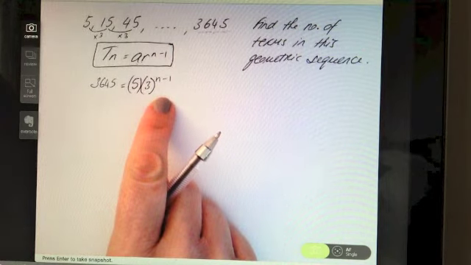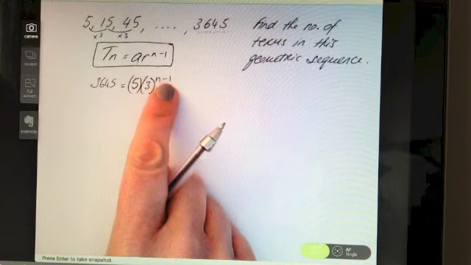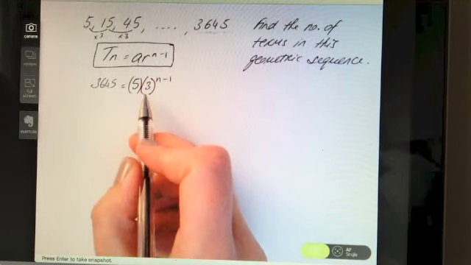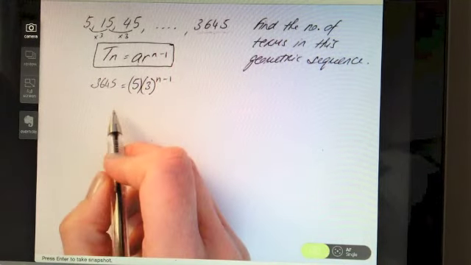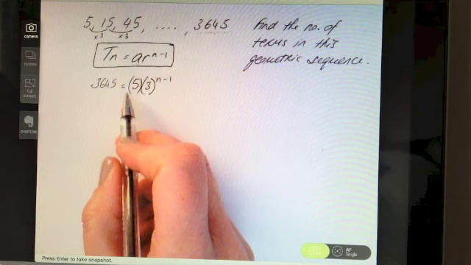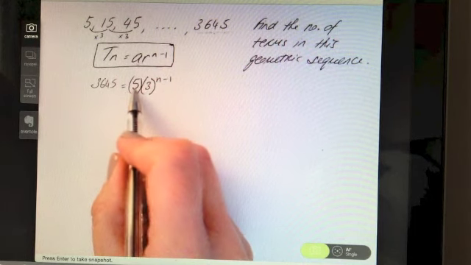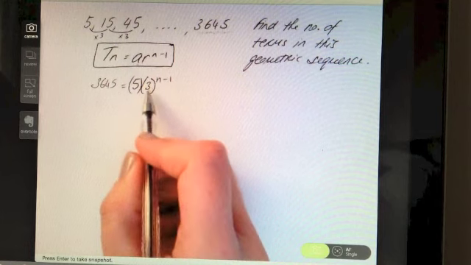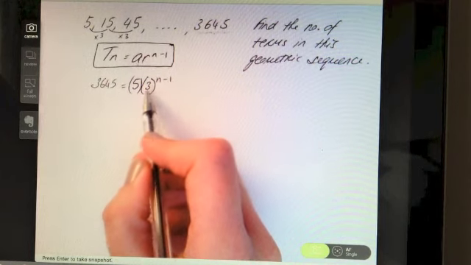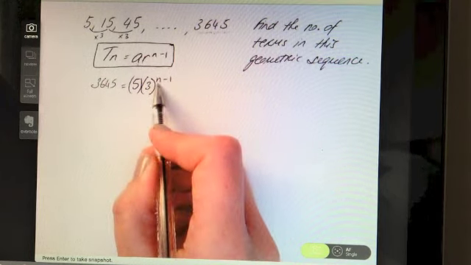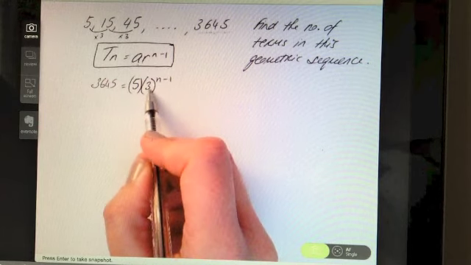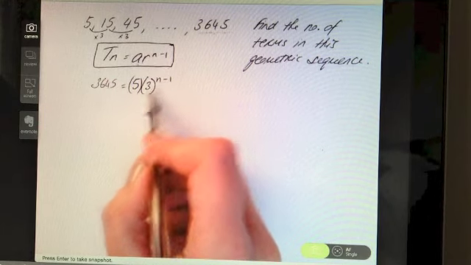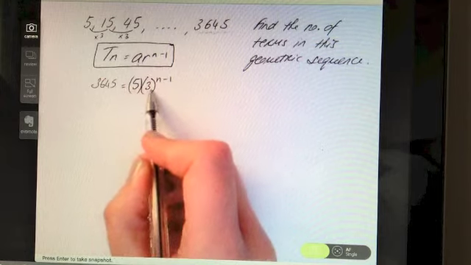So here's where you've got to be careful, because we're solving for a power. My first step is to try and simplify it a little bit. The first thing I can do is get rid of this 5. This 5 is being multiplied to the 3 to the power. Now, I can't divide by 3 because the 3 has a power attached. So remember your BODMAS rules. Be very careful. That 3 is a power. I can't do anything to that. But the 5 is just being multiplied.